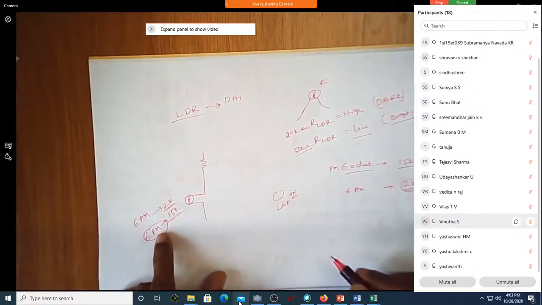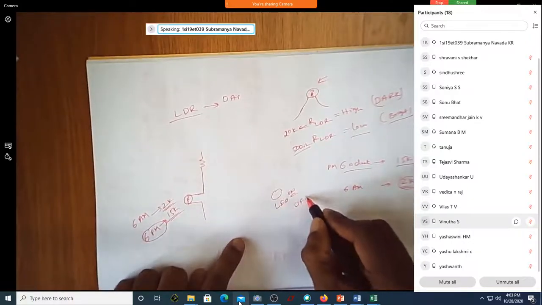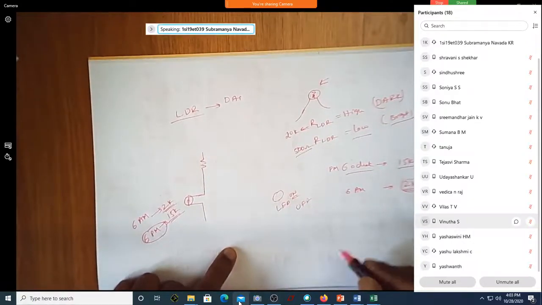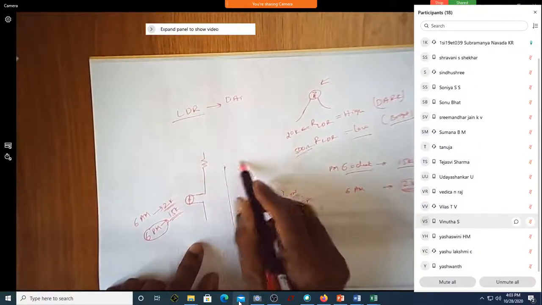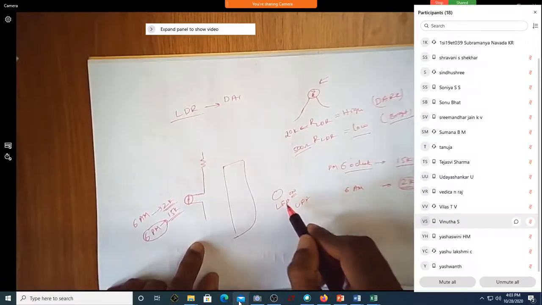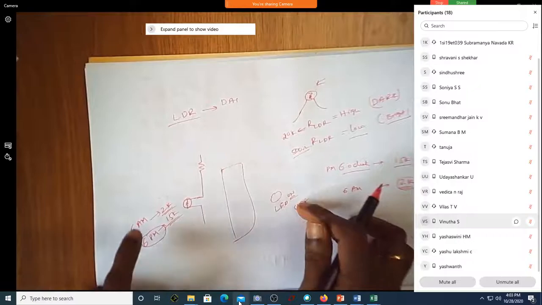If it is 6 a.m., it should turn off. So we need to write an LDR program so that this LED turns on when it is 6 p.m. and turns off when it is 6 a.m.